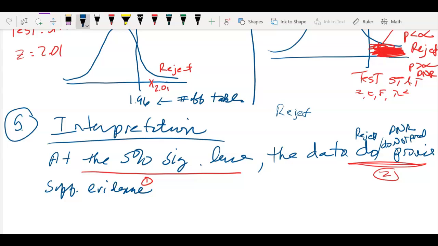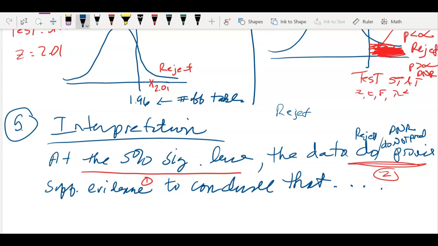So the next part, put your answer in context of the problem. At the 5% significance level, the data do not provide sufficient evidence to conclude... Don't say the mean should be rejected or the mean should not be rejected. I'm just going to leave that open because it depends. That students, I'm trying to think of a problem, that the cans provided 14 ounces of beans, that men watch more TV than women.